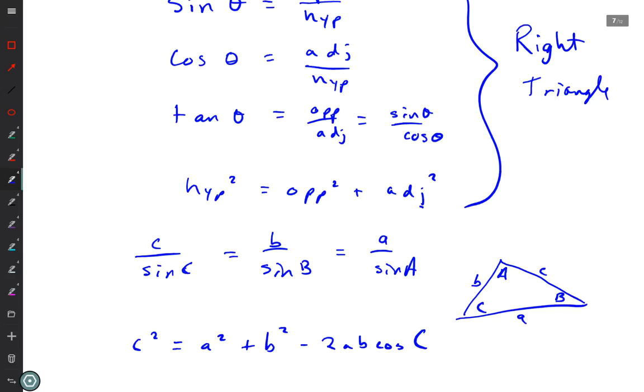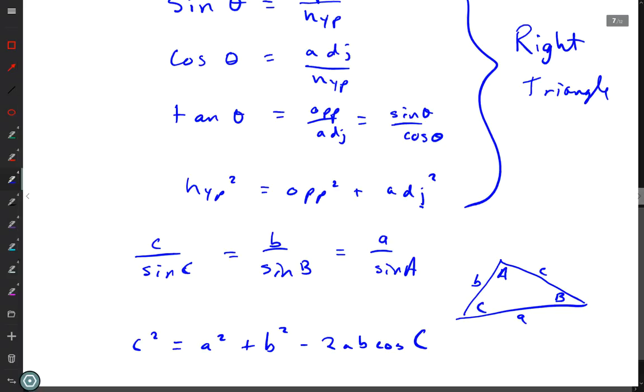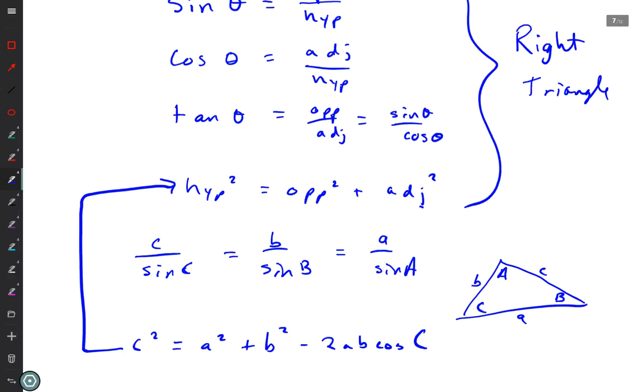Now, if C is a 90-degree angle, what is cosine 90 degrees? Cosine 90 degrees is 0. So this equation is exactly that equation. The Pythagorean theorem is a special case of the law of cosines.